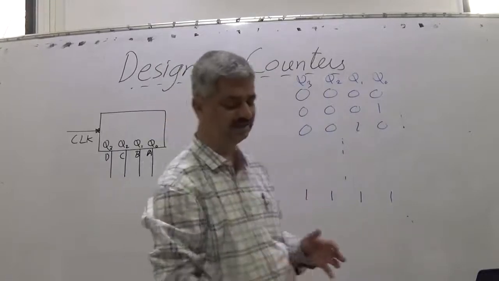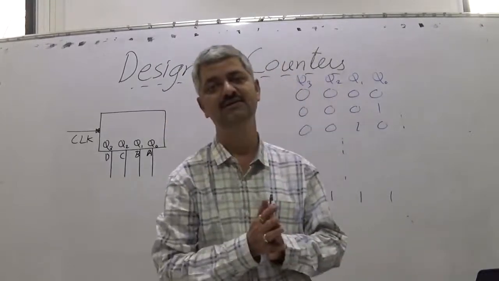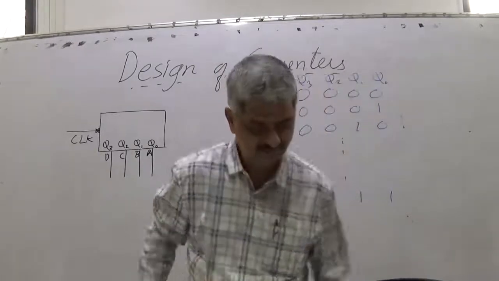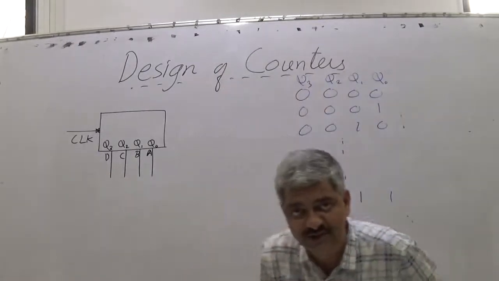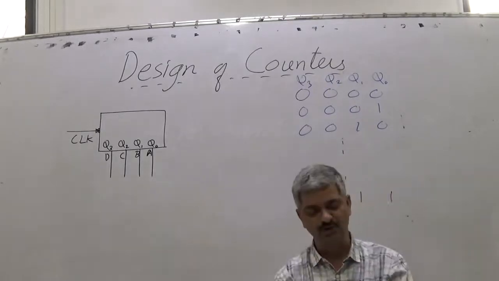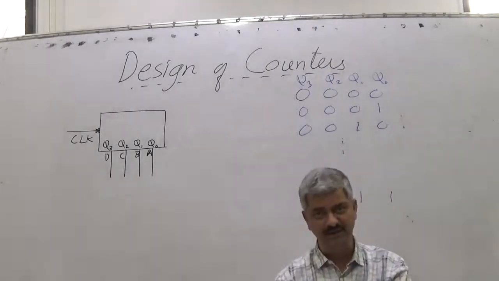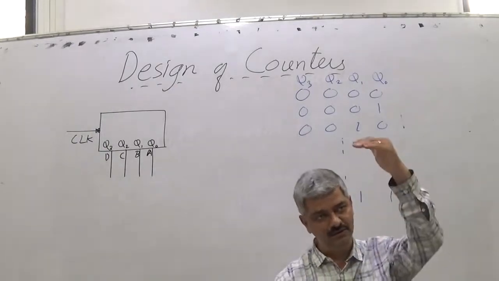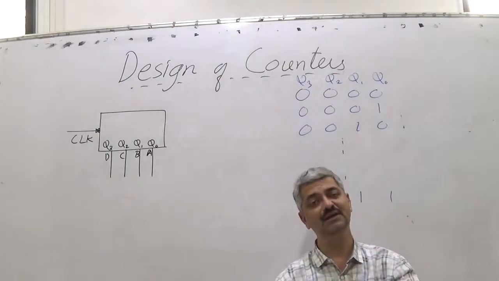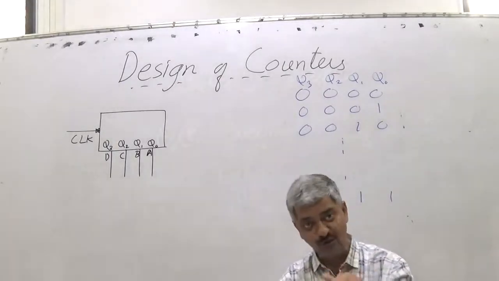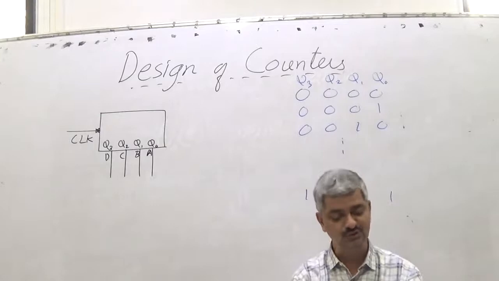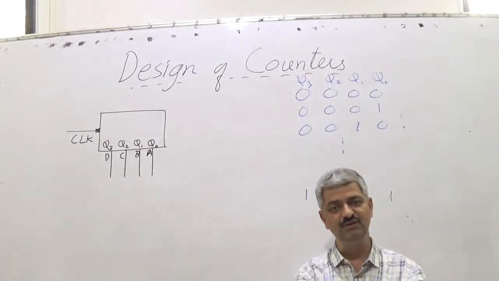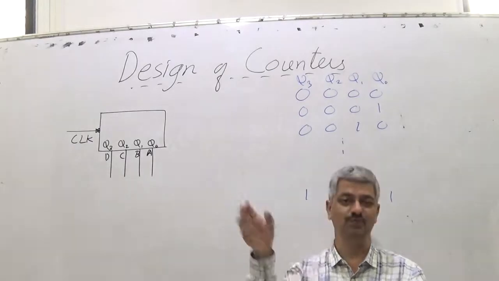In today's session we will cover all possible points of counters: up counter, down counter, a regular multi-bit n-bit counter, and then we'll also discuss a very important point, a counter which doesn't advance through all possible states.